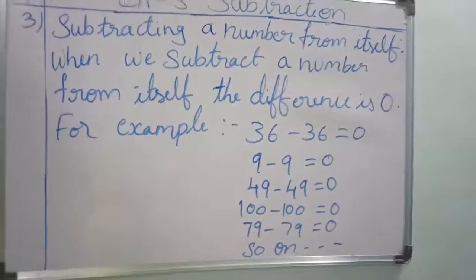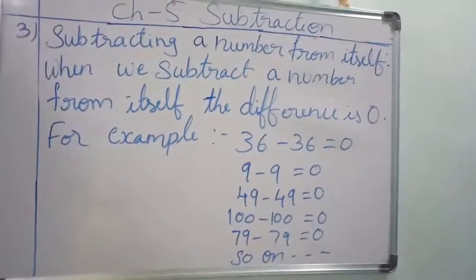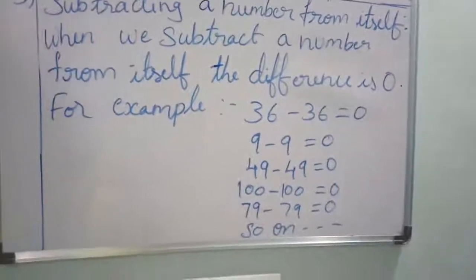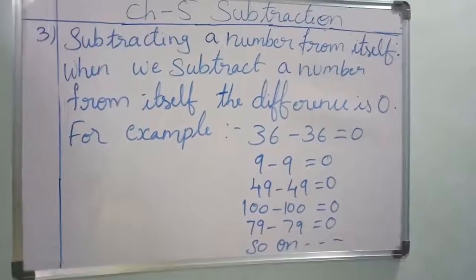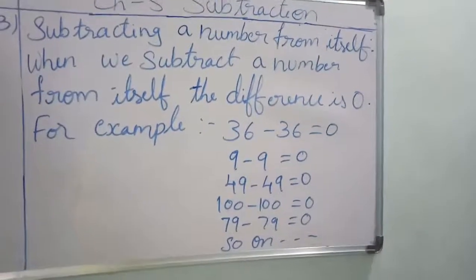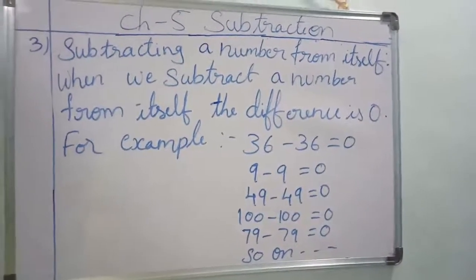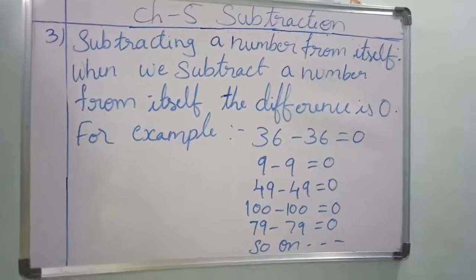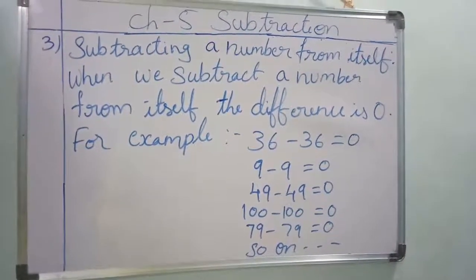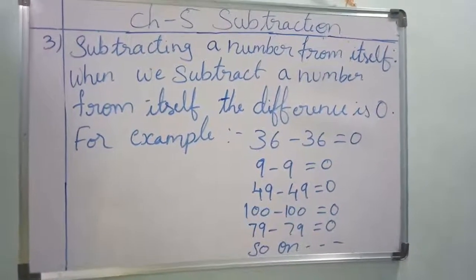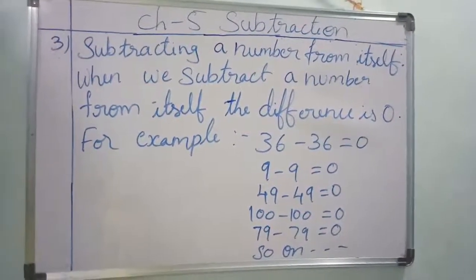For example, 36 minus 36 is equal to 0. 9 minus 9, 0. 49 minus 49, 0. 100 minus 100, 0. 79 minus 79, 0, and so on. Write in the classwork.